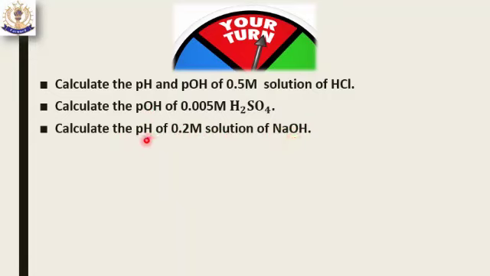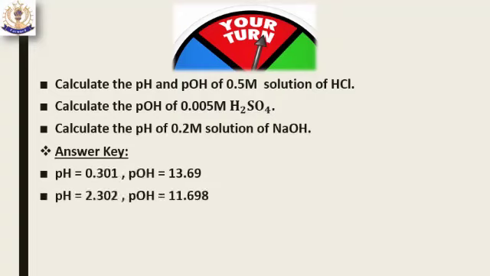But you are asked to calculate pH. Very simple: again you will first calculate the pOH of this solution, negative log of the OH minus ion concentration, 0.2 molar. So you will have the pOH. When you have the pOH, you will put this value of pOH in the pH plus pOH equals 14 formula, and then you will have the answer of pH as well. I am giving you the answer key. Please try to solve these numerical problems on your rough notebook by yourself.